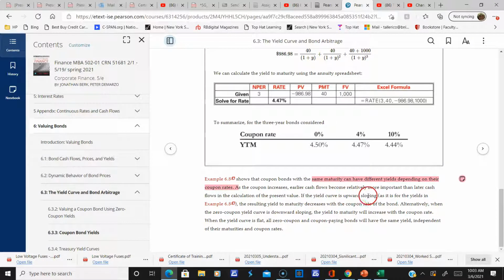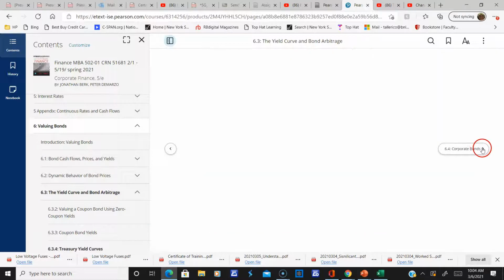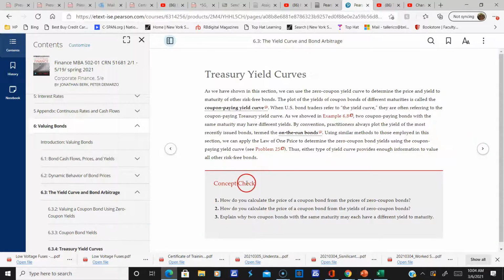If the yield curve is upward sloping, as it is for the yields in example 6.8, the resulting yield to maturity decreases with the coupon rate of the bond. Alternatively, when the zero coupon yield curve is downward sloping, the yield to maturity will increase with the coupon rate. When the yield curve is flat, all zero coupon and coupon paying bonds will have the same yields, independent of their maturities and coupon rates. It's a little tricky with all these. This is a tricky chapter.